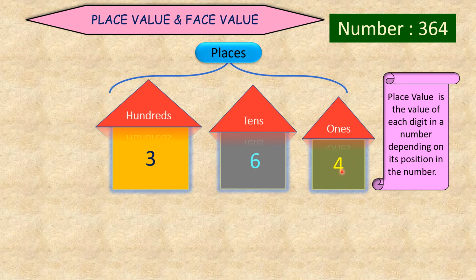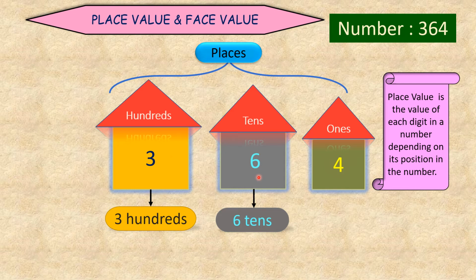Let's see what is the place value of 3. 3 is in hundreds place, so place value of 3 will be 3 hundreds. Now coming to place value of 6. 6 is in tens, so the place value will be 6 tens. Coming to 4, 4 is in ones, so place value of 4 is 4 ones.